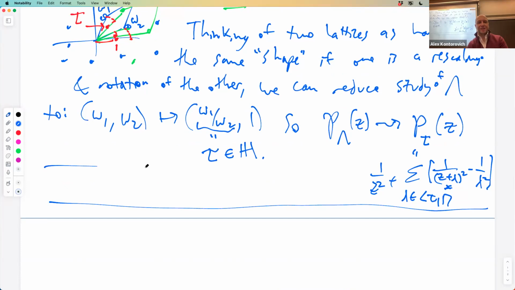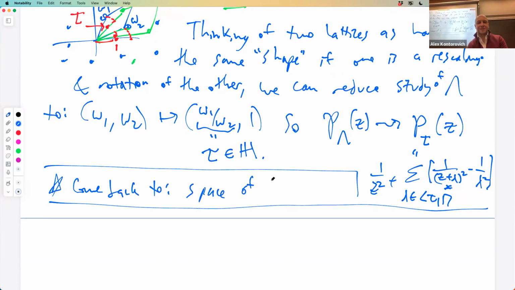Okay, so I'll put a little star here. Come back to the space of lattices up to homothety, up to this rescaling and rotation. They have the same shape up to homothety.